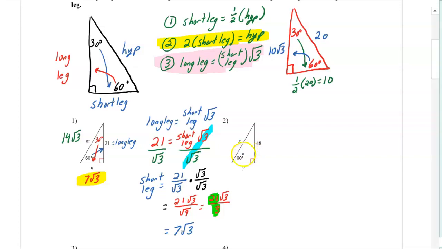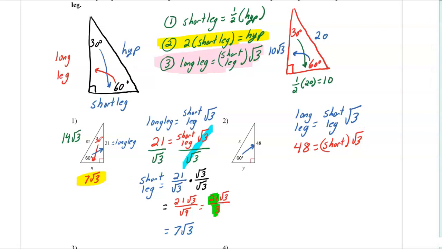In example number 2, again, we are given the long leg is 48. So I'm going to write long leg is equal to the short leg times the square root of 3. 48 is the long leg, so that's equal to the short leg, I'll just abbreviate short, times square root of 3.